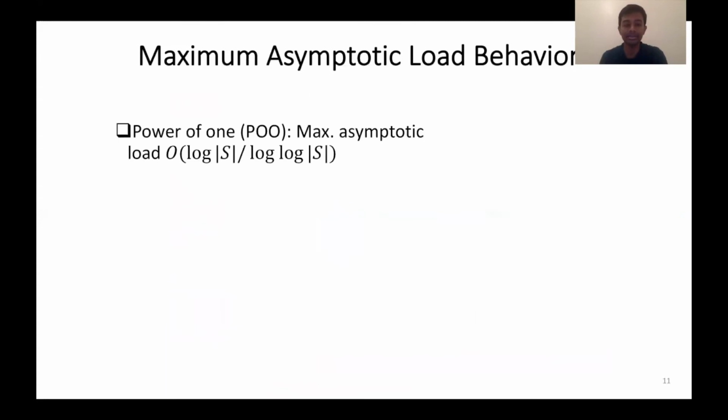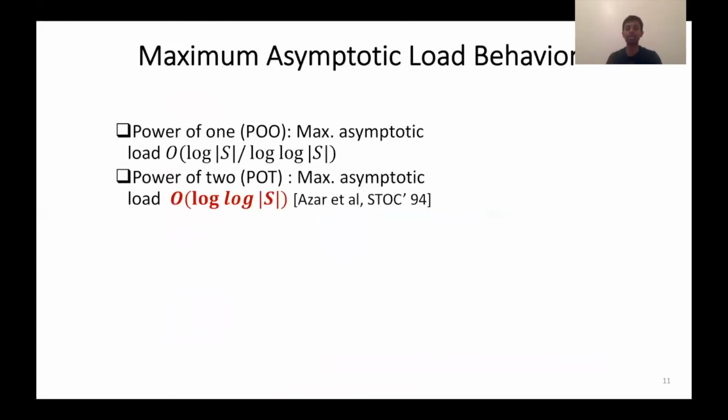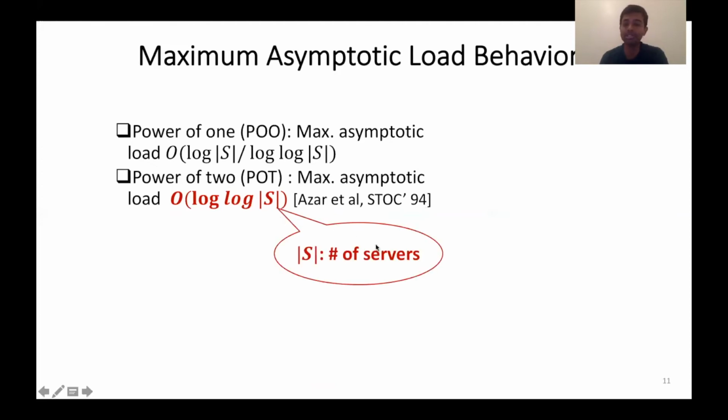What we see from the literature is that the maximum asymptotic load for various non-spatial load balancing policies, for example the power of two that we discussed here, is of order log |S|, where |S| is the total number of servers. There's another policy we call power of one, which is nothing but randomly allocating a server to a particular user.